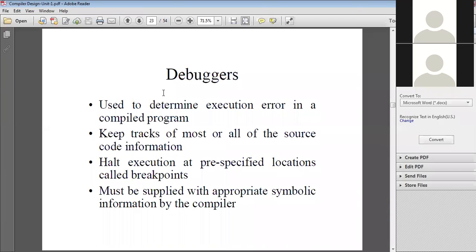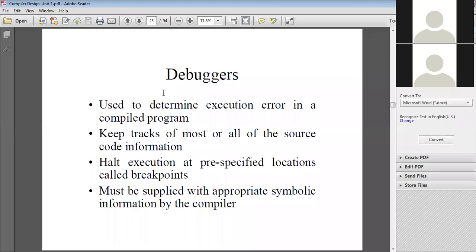Debuggers: you can debug your program. They are used to determine execution errors in a compiled program. Whenever you compile your program, how will you get the errors? Then we use some small programs called debuggers.